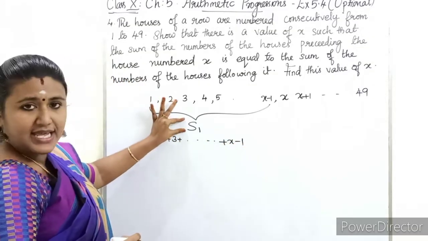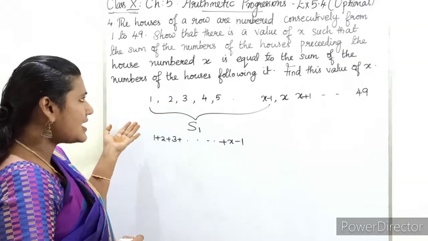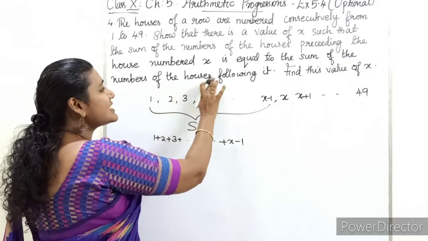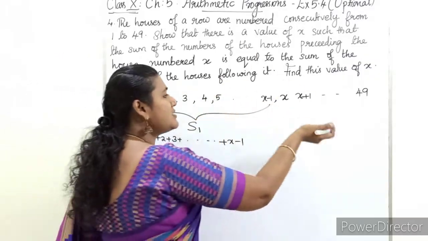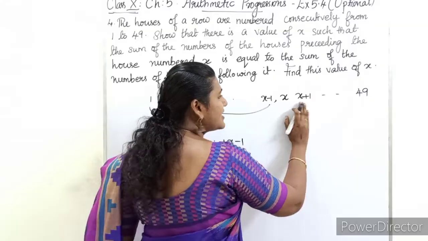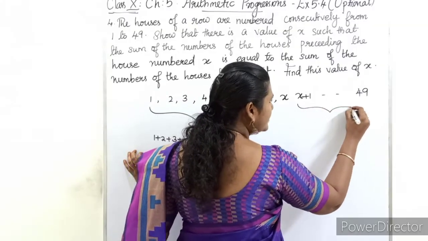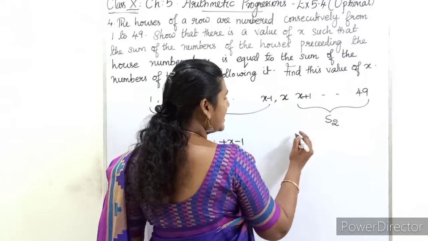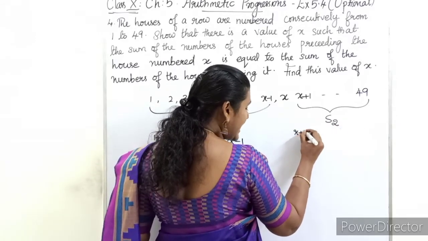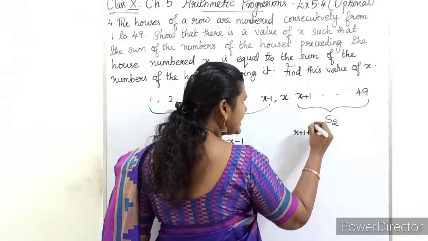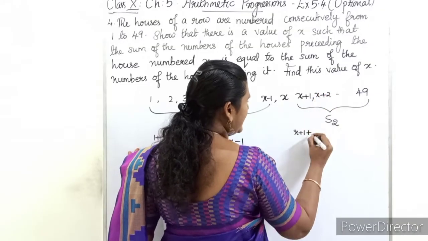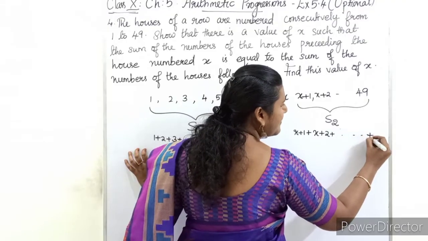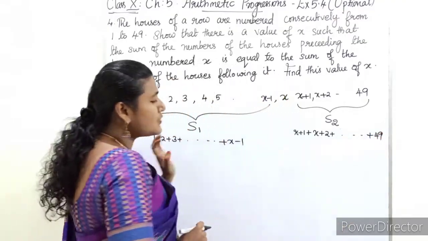This S1 is equal to the sum of the numbers of the houses following it. Following it means after x. After x these numbers only we have. This sum we denote by S2. What is S2? x plus 1, plus the next number x plus 2, plus x plus 3, plus etc., plus 49. So this is S2.